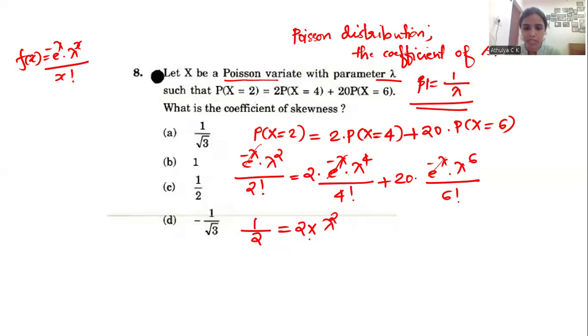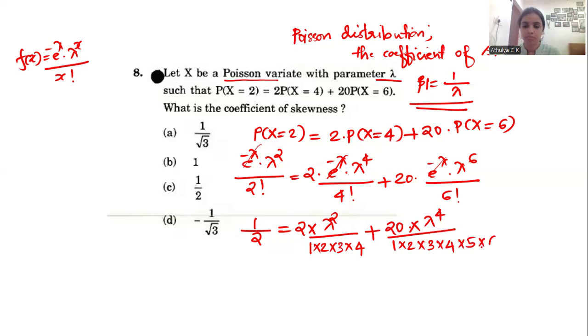Only lambda square will remain, divided by 4 factorial, which is 1 into 2 into 3 into 4, right? Plus, again, 20 into, if we divide by lambda square, what will remain? Lambda raised to 4 divided by 1 into 2 into 3 into 4 into 5 into 6.